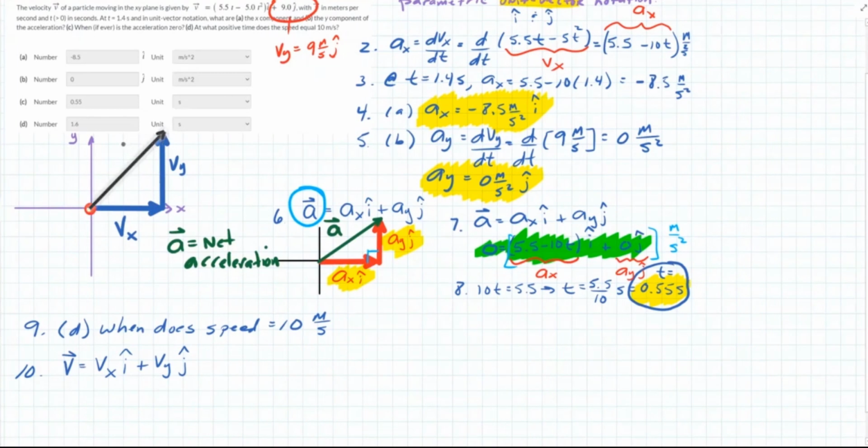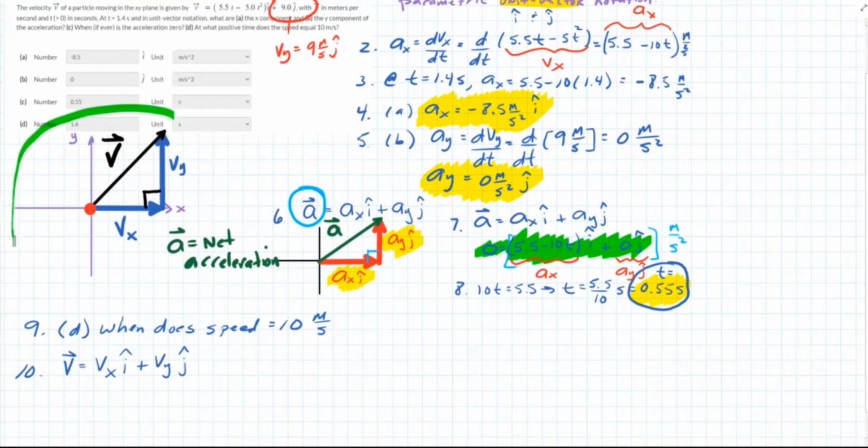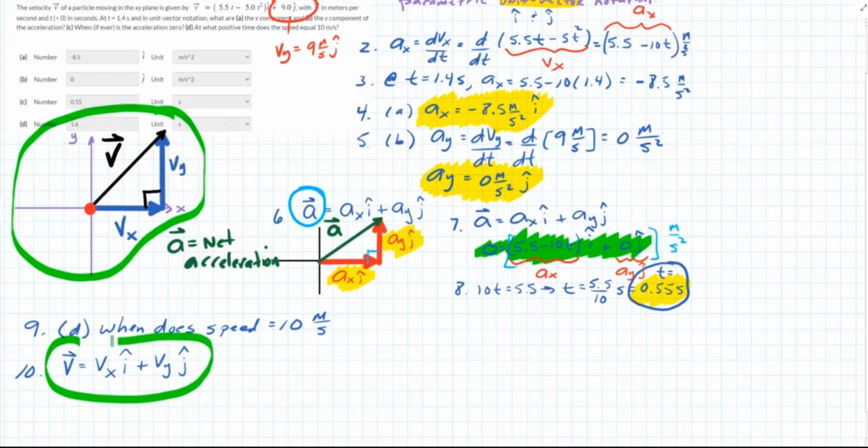This black vector is called vector v. This is my velocity vector. If you look at this visual, I know this is a right angle because x and y are always perpendicular. But this visual is identical to this statement right here.